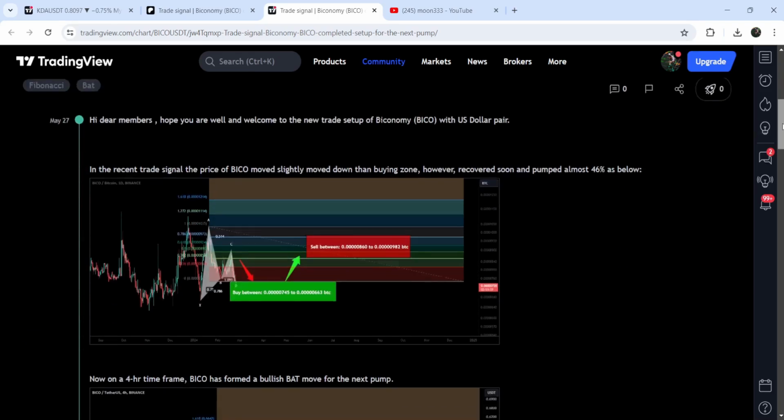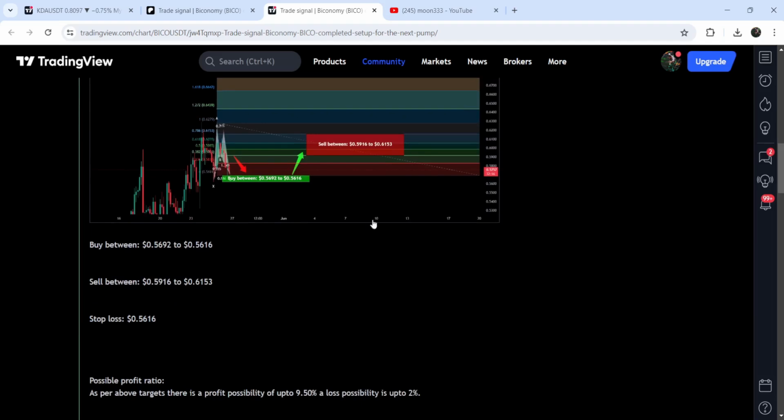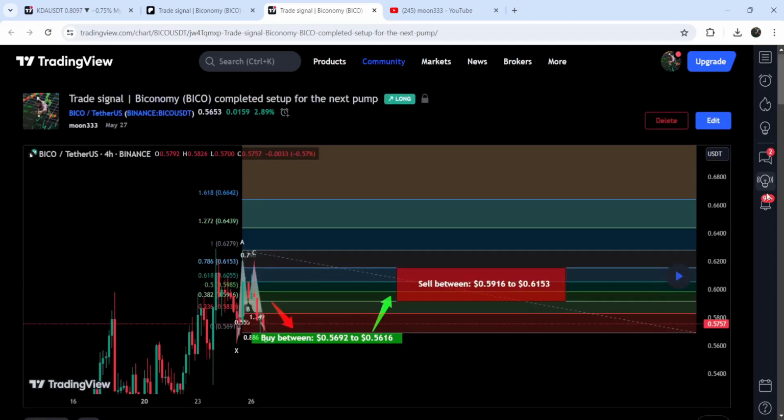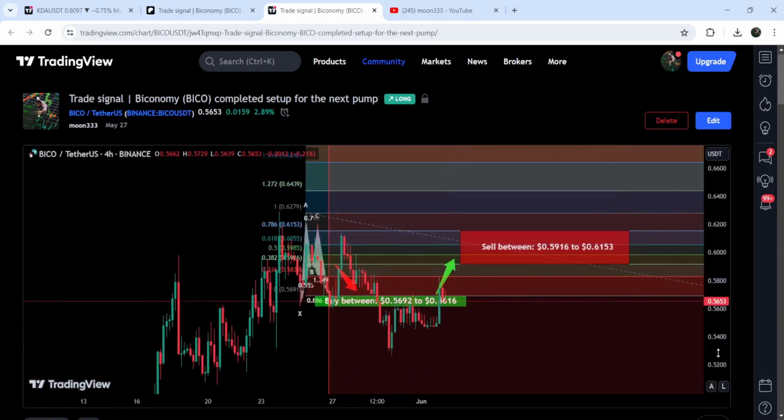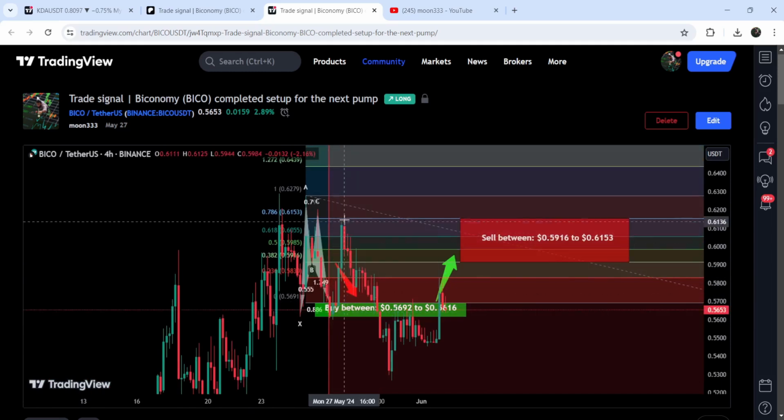And on this chart, you can also see the complete trade setup as well. Like for this trade setup of Biconomy, this was the buying zone, this was the sell target zone, and this was the stop loss. And in order to see how the price line moved after sharing this signal, you need to click this button. And after that, it will show you how the price line moved up from the buying zone and rallied to the sell target zone. And you can see how nicely the price moved up from the buying zone and hit the sell target zone here.